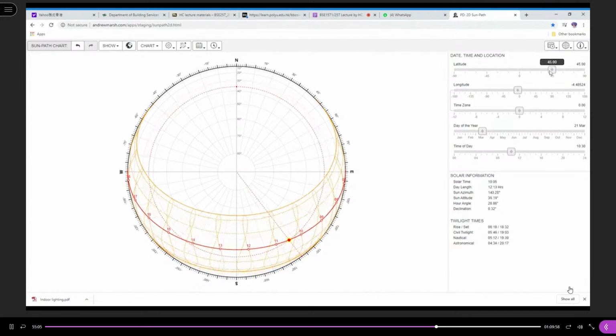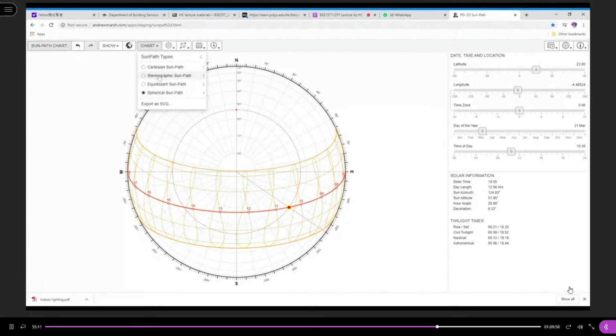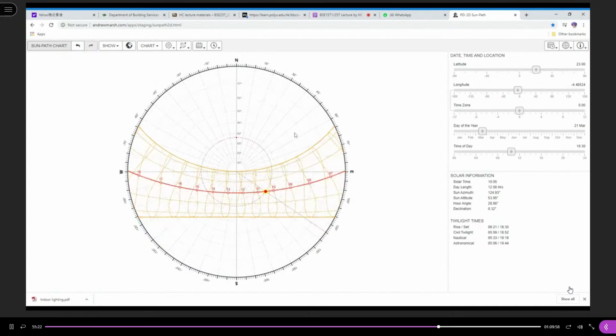So let's say for Hong Kong, the latitude is 22 something over here. And you can select different types of chart. So the sun path diagram that we have learned is the stereographic sun path. So over here, I select stereographic sun path. And then the longitude is negative 114.